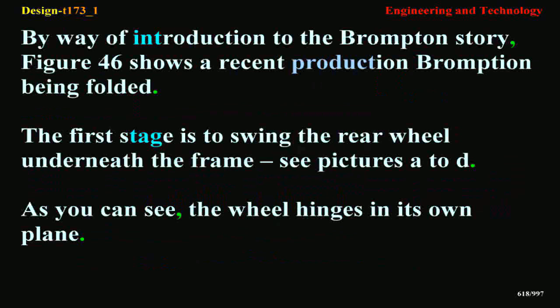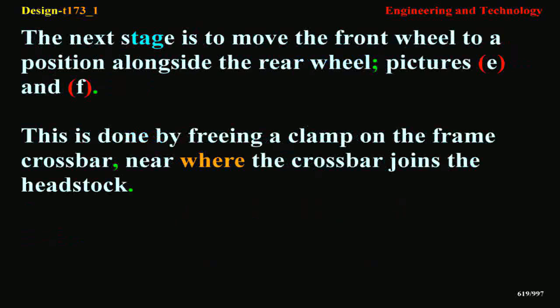Figure 46 shows a recent production Brompton being folded. The first stage is to swing the rear wheel underneath the frame. See pictures at D. As you can see, the wheel hinges in its own plane. The next stage is to move the front wheel to a position alongside the rear wheel, pictures E and F. This is done by freeing a clamp on the frame crossbar, near where the crossbar joins the headstock.